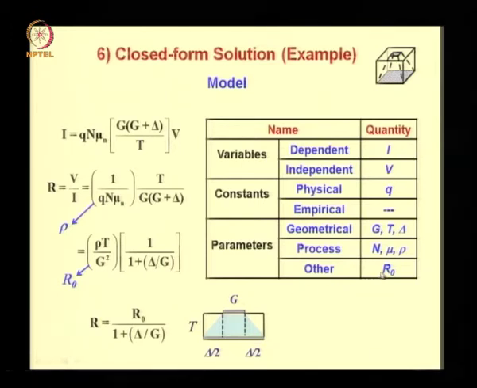Now this parameter has been listed in the other category, because if you see the expression for R naught, which is rho t by g square, in this t and g are geometrical parameters and rho resistivity is a process parameter. Therefore this term rho t by g square cannot be classified either purely as geometrical parameter or purely as a process parameter. That is why it has been listed in the other category.